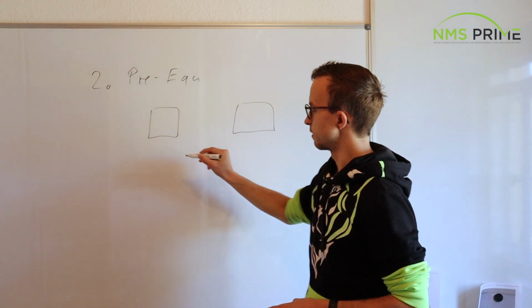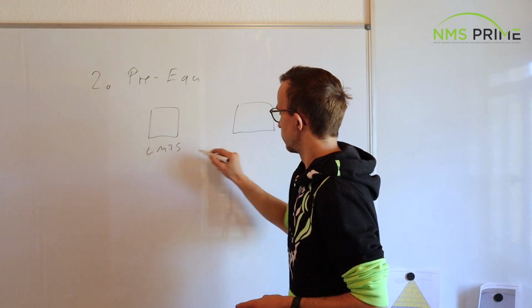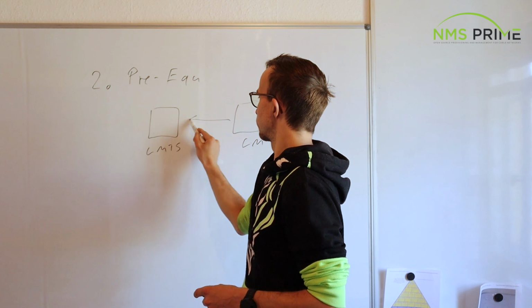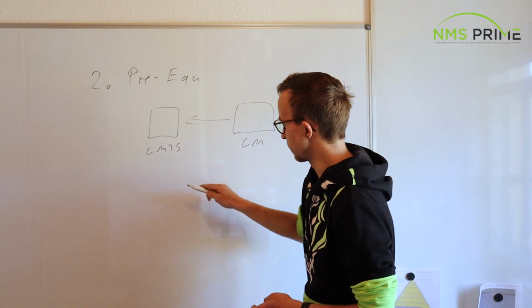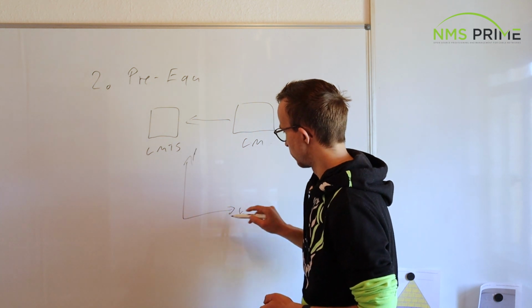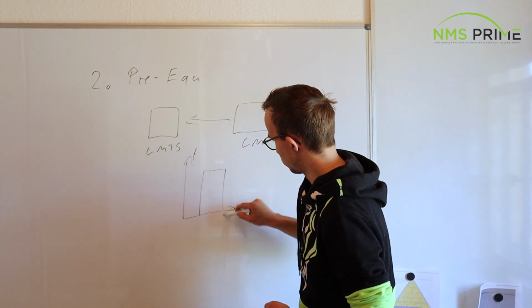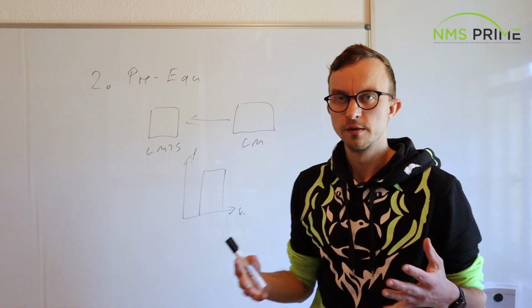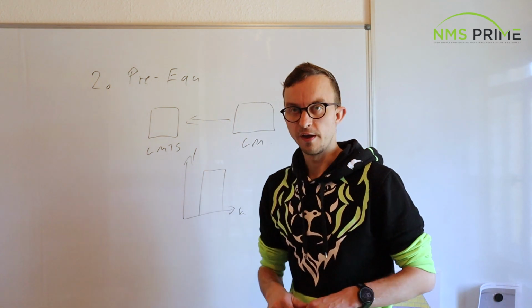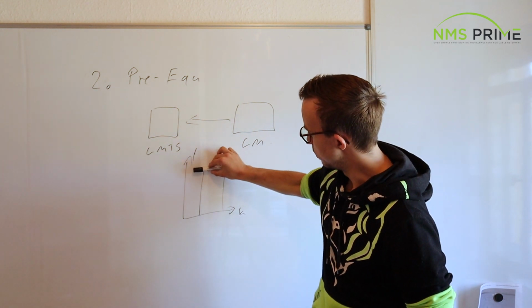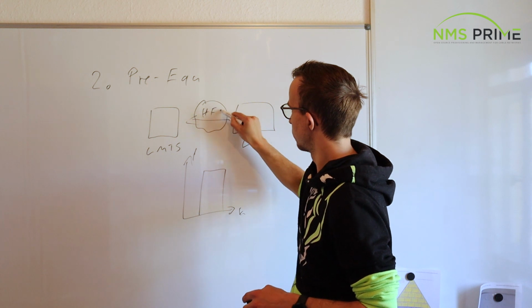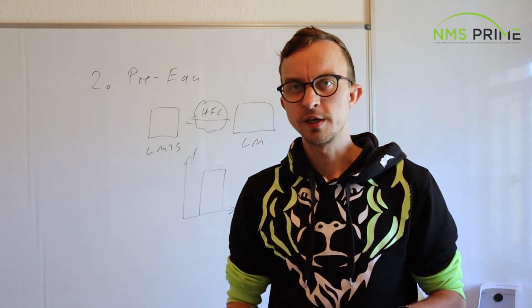So let's assume again, here we have our CMTS and here we have our cable modem, and on the upstream channel the cable modem is sending packets, and then here we have again our frequency spectrum, and let's say here is the packet that the cable modem sends to the CMTS. Now in a perfect world this will be linear. Of course here we have our HFC plant, but we are not in a perfect world, guys.